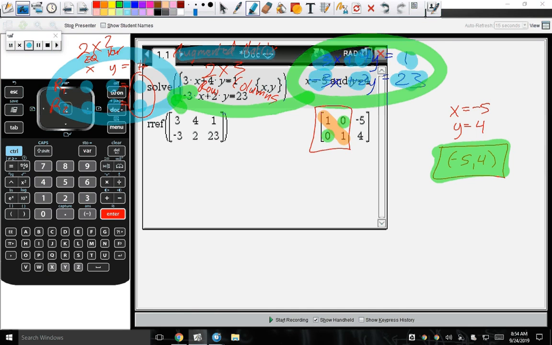And your answers are this last column right here. The x is negative 5, just like over here, and the y is 4, just like over here. Okay? And that is because the original column 1 was x and column 2 was y, so the answers will be over here listed in your solution matrix. Okay? Questions right now?